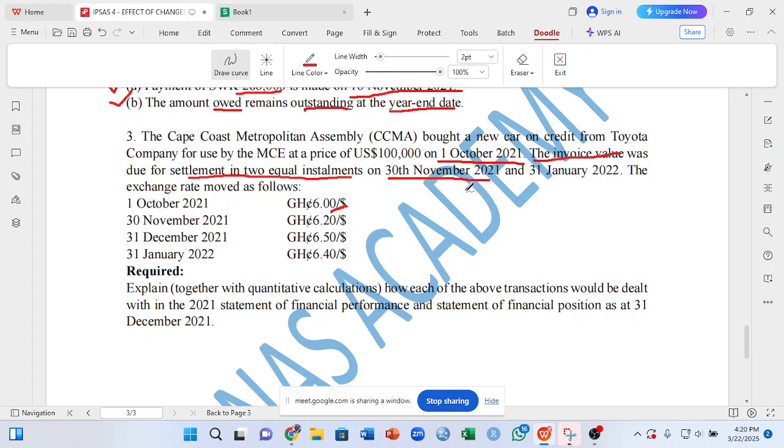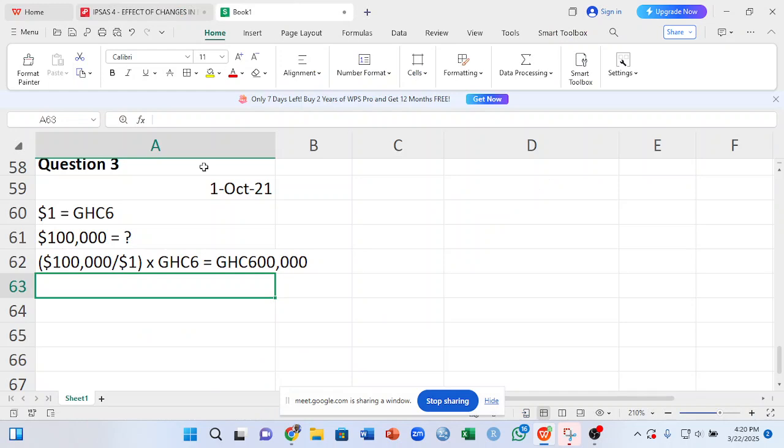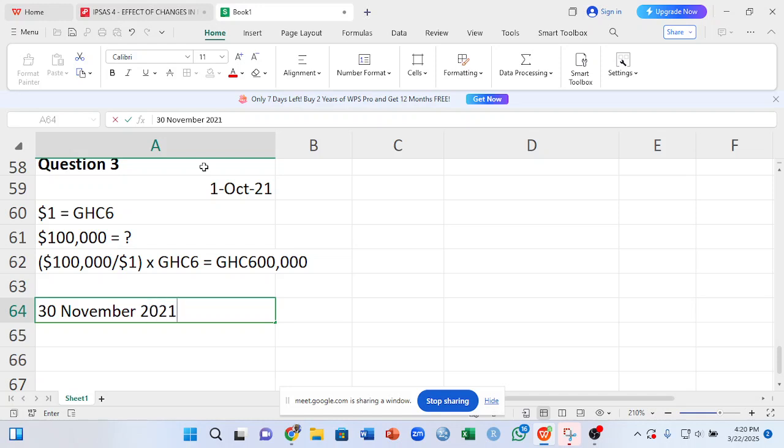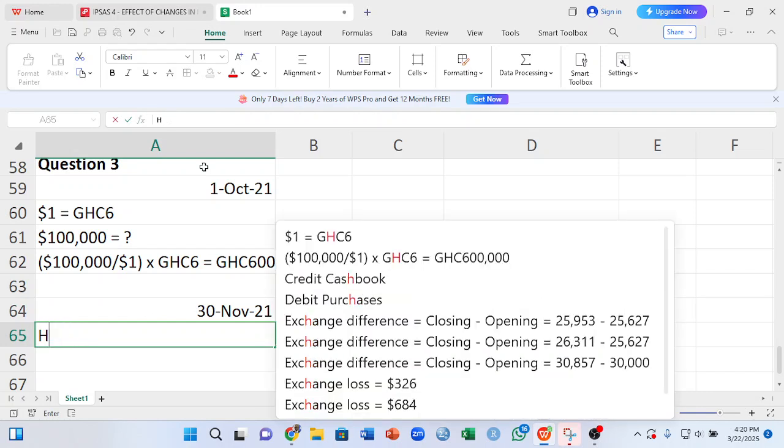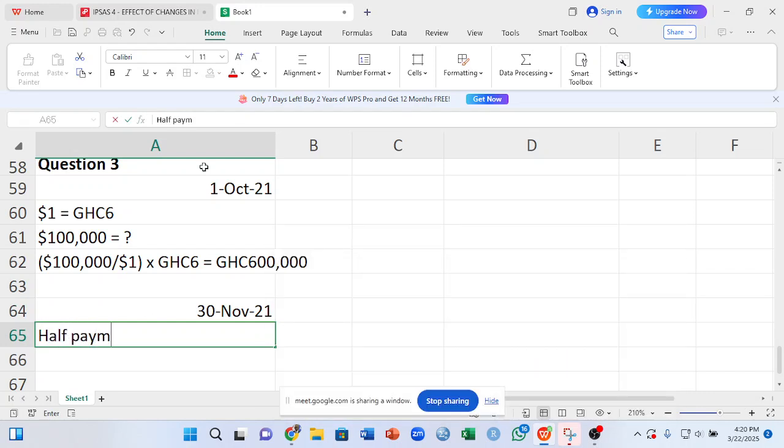So let's first focus on our current reporting period, which is 30th November 2021. We'll translate at this date. Bear in mind that here you only made half payment, meaning you only paid half of the foreign currency.